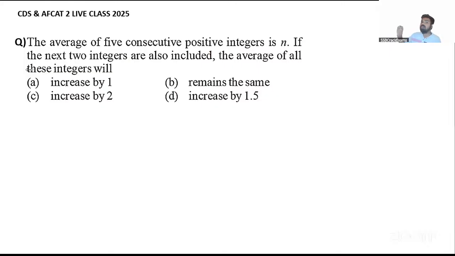See, for the average of five consecutive positive integers, pick any five consecutive positive integers. Consecutive means one after another. Suppose the first integer is 2, then the next integer will be 3, then 4, then 5, and so on. Suppose you take 9, then next will be 10, 11, 12. So the average of the first five integers was n. If the next two integers are also included, then the average of all integers will increase by how much?